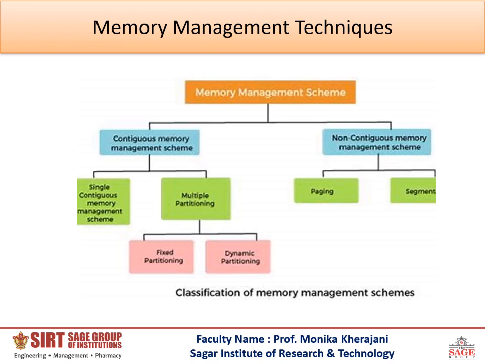Single partition means there is only one partition for managing the memory, allocated to the process, and multiple partition means there are multiple partitions and each process gets a different partition to execute its program. The multiple partition scheme is again divided into fixed partition and dynamic partition.